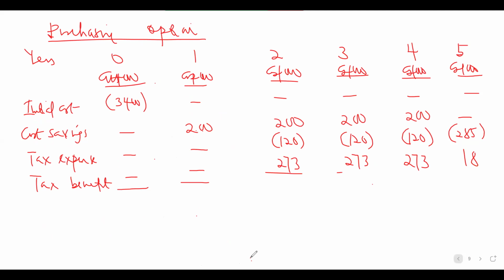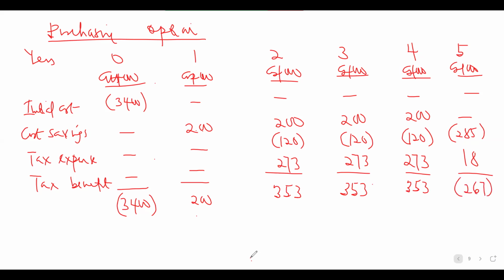Let's find our cash flow now. 3,400, then 200. I'm having 253 minus 18, which gives us 260, 253.